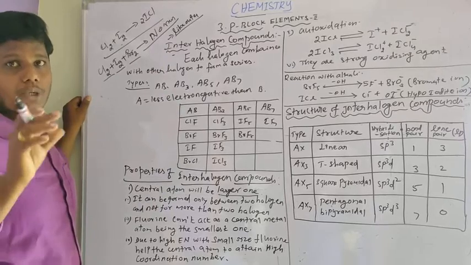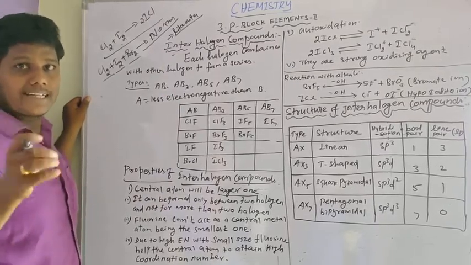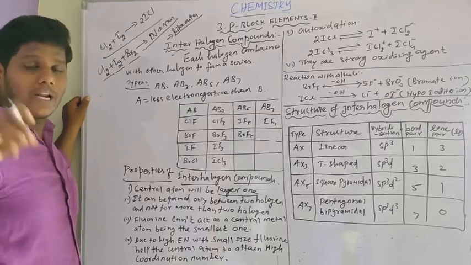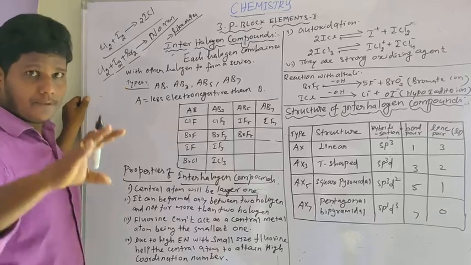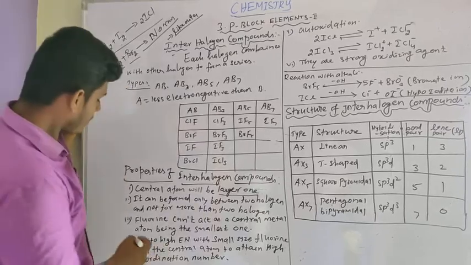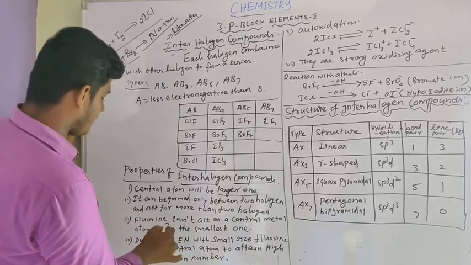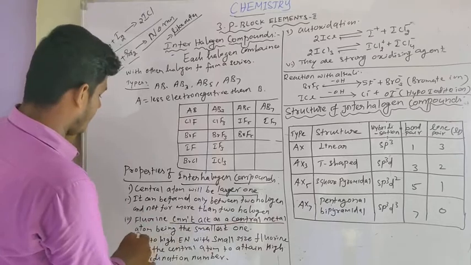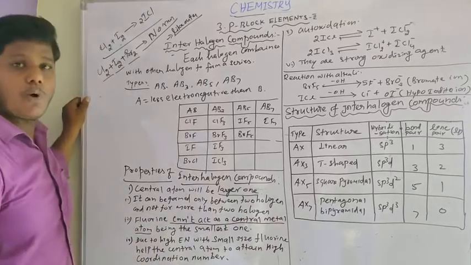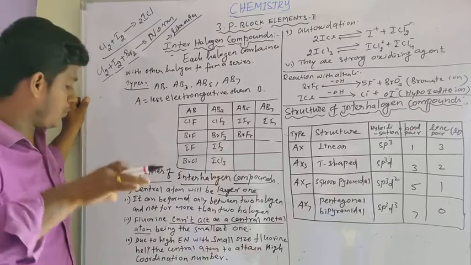Only between two halogens is a compound formed. Also the central atom acts as the low electronegative atom with bigger size. So fluorine cannot act as a central atom because it is the smallest one, and the central atom must be the largest one.